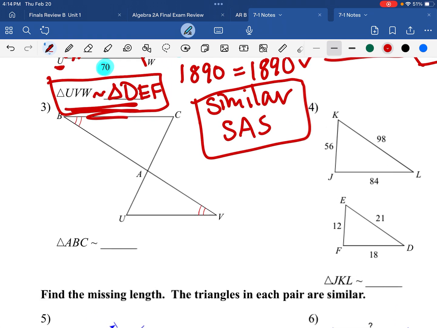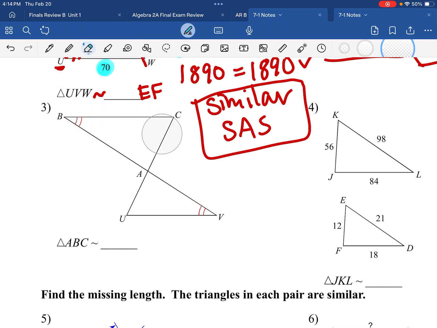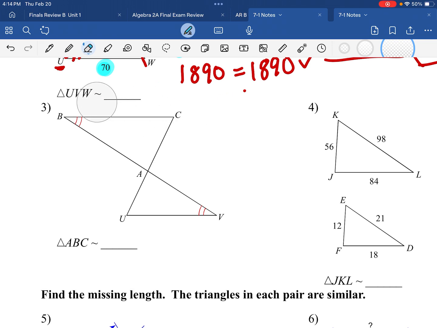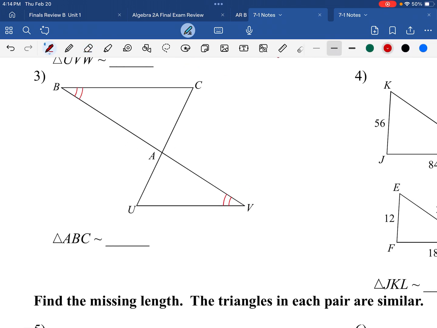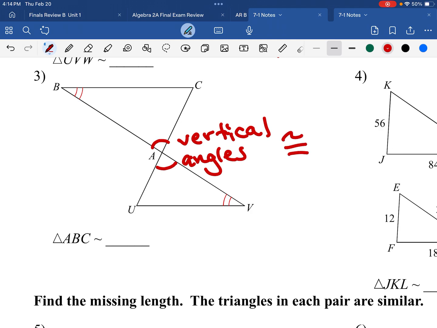Okay, moving on to the next one. I'm going to erase some of this so we get some of the mess out of the way. With this one, I want us to notice how these are connected. These two angles here and here are vertical angles, which we should know from part A of geometry, and vertical angles are always congruent.